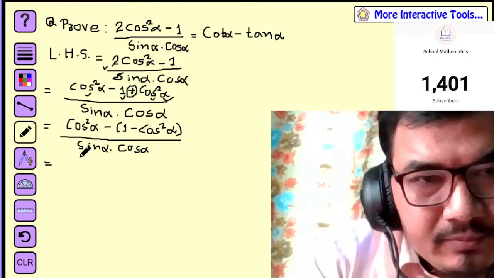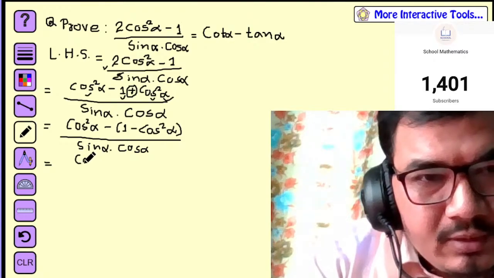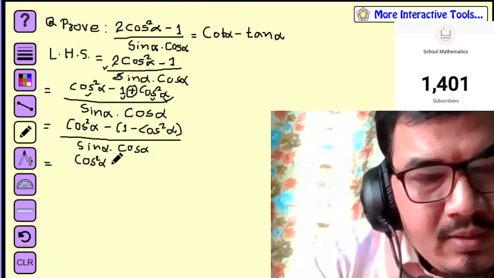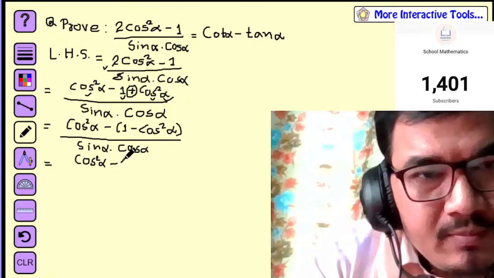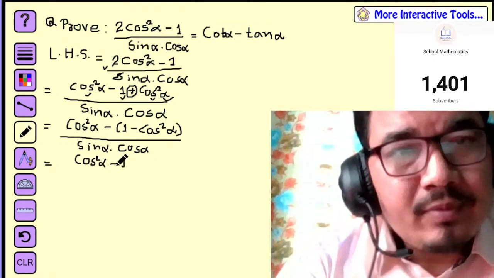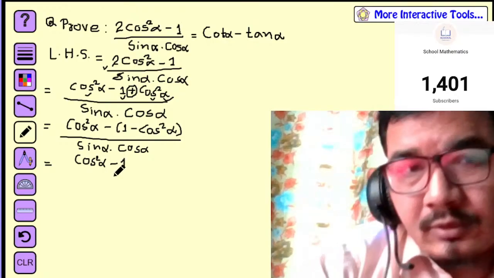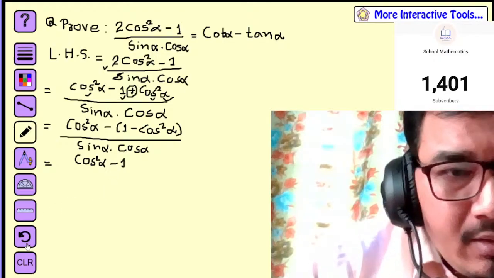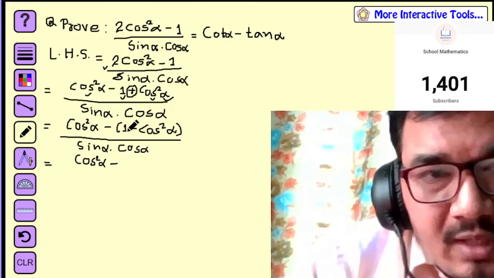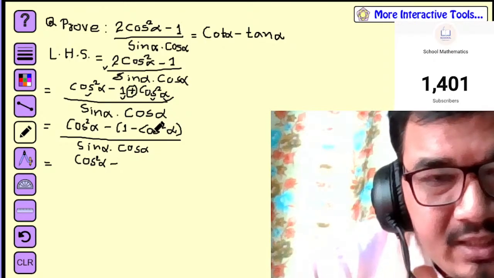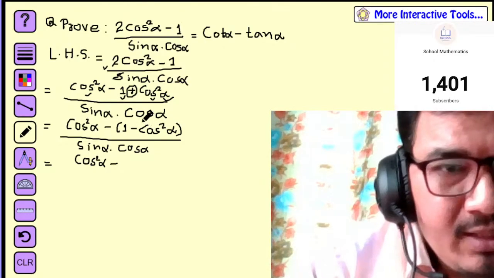Now if you remove this bracket, look here: cos square alpha minus 1. Then we know that this 1 minus cos square alpha value is in the formula of the Pythagoras relation, okay.